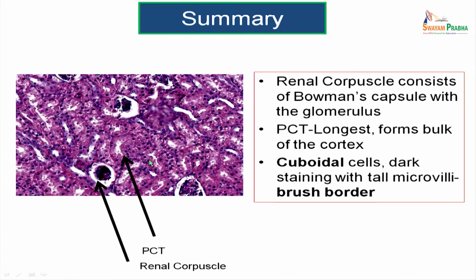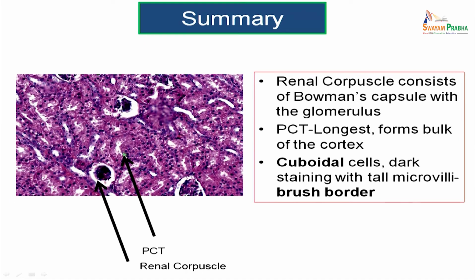Now we will summarize what we have learnt till now. We have mostly concentrated on the cortex of the kidney. We have learnt in detail about the renal corpuscle, which consists of the Bowman's capsule, which is outer, and the glomerulus, which is nothing but a tuft of capillaries.